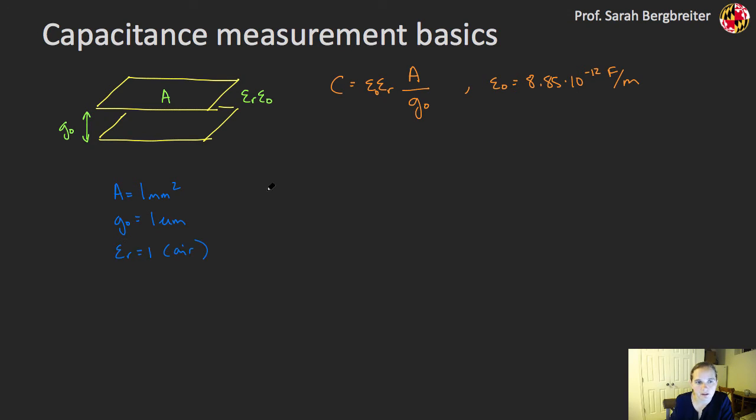With this I can calculate my capacitance. The two 10 to the minus 6's cancel, and I'll just get 8.85 times 10 to the minus 12 farads, or 8.85 picofarads, which seems pretty small, but is a pretty typical capacitance at these kinds of scales.